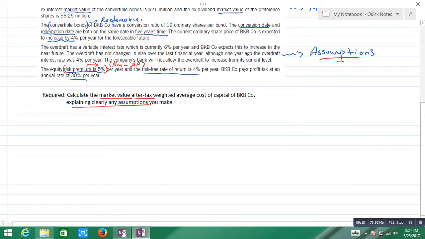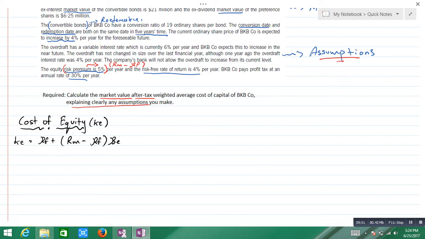So we're going to start with the cost of equity, which is our KE. It is RF plus RM minus RF times beta equity.